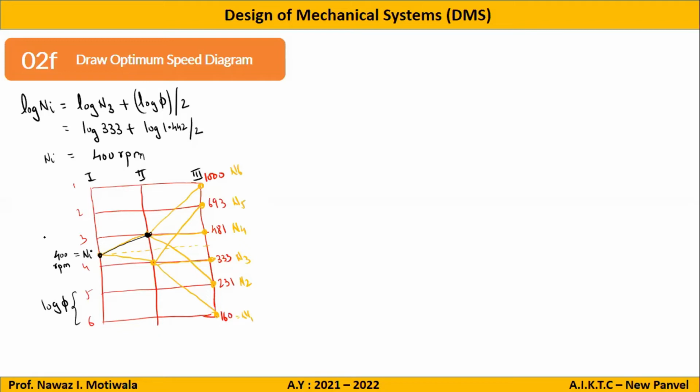Now my logical question comes up: if I connect the motor running at 1440 RPM directly to shaft number 1, will it serve the purpose? Will I get the desired speeds which I want?